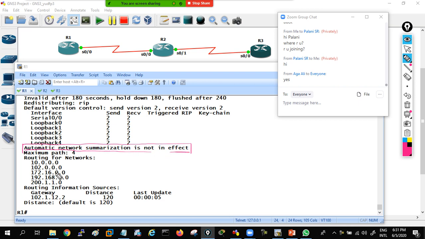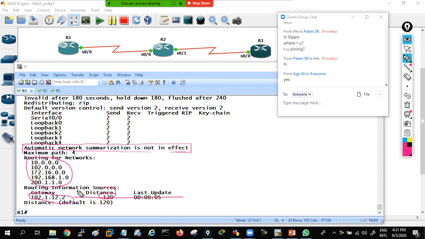And these are the networks we advertise. And this is our gateway, the next hop, which means we are getting all the updates from R2, that is the IP address.